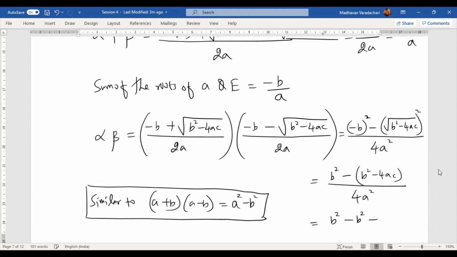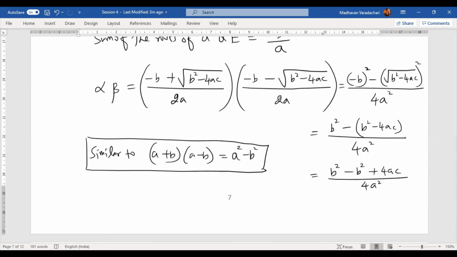Minus of minus will become plus 4ac by 4a square. Now you may see this and this get cancelled. So you will be left with 4ac by 4a square. 4 and 4 get cancelled. One a will go because there is a in the numerator and a square in the denominator. Ultimately, it will become c by a.